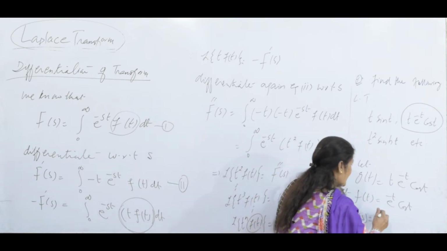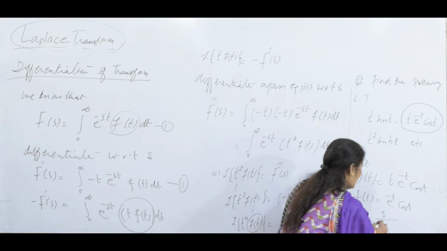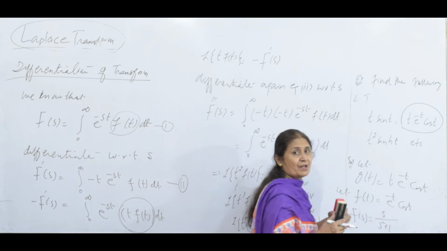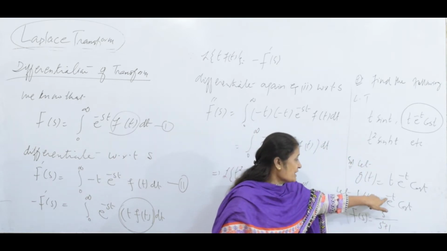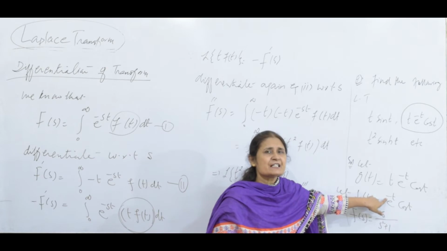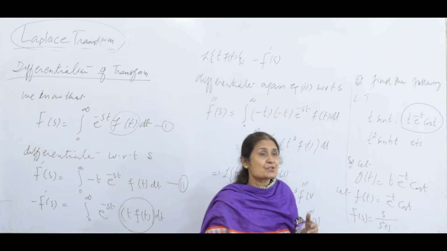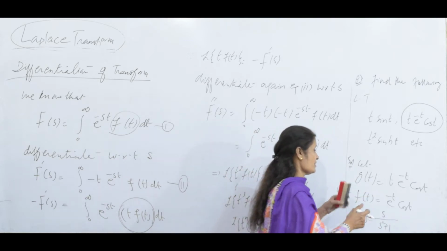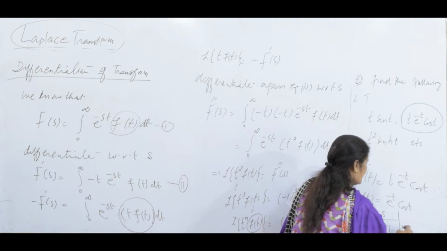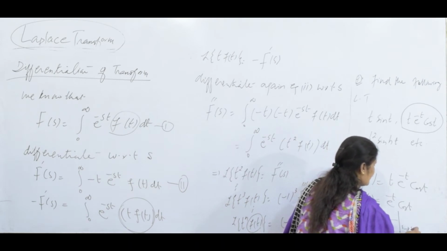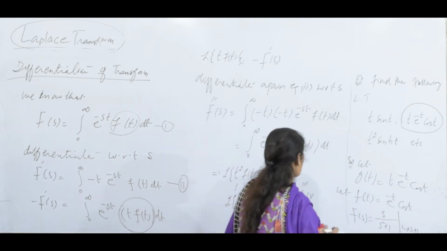I have the Laplace of cos t as s over s^2 plus 1. But the first shifting theorem states that because of this exponential, you replace s by s minus a everywhere. Here s is replaced by s plus 1 this time, since minus a means s plus 1.